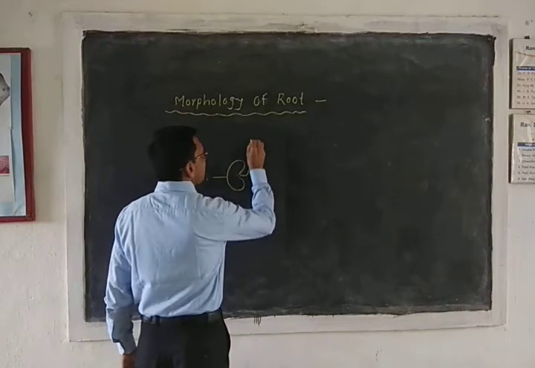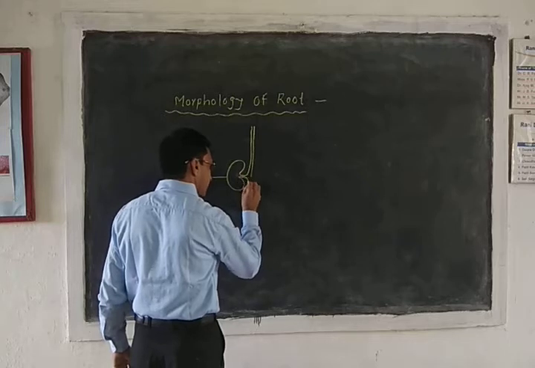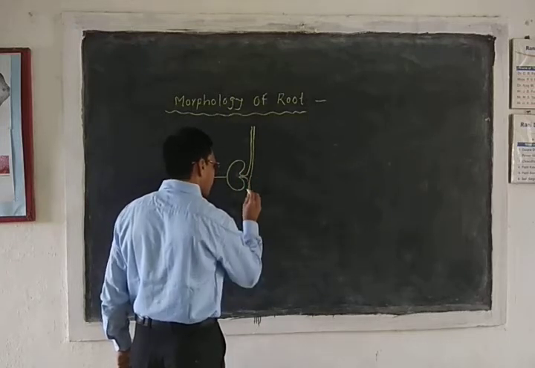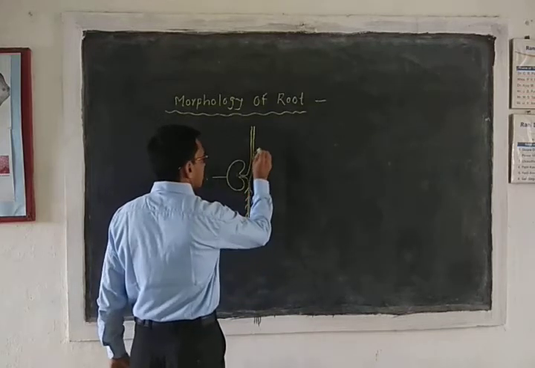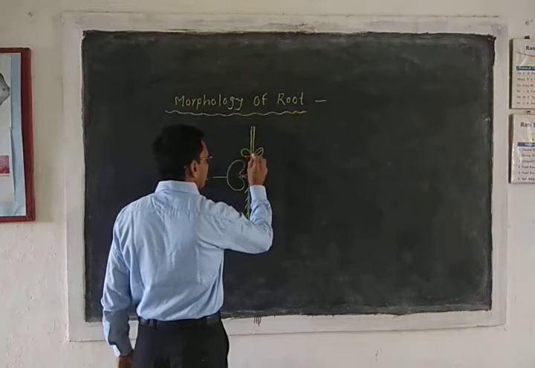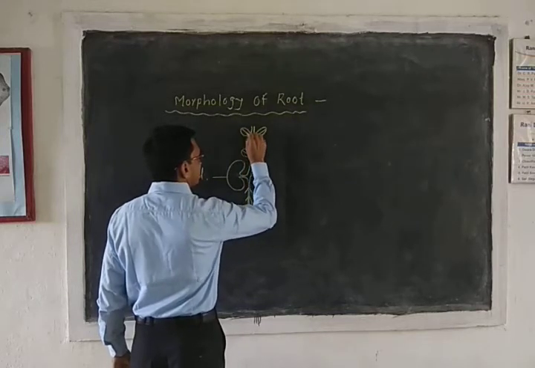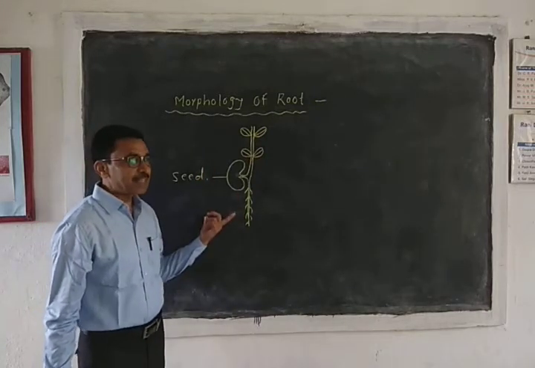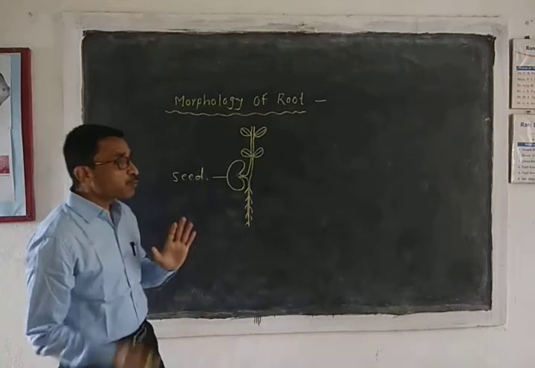Seeds germinate. This is a seed. When the seed gets favorable conditions, the seed germinates, and two parts are produced.